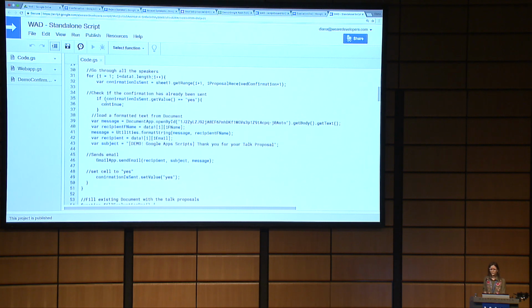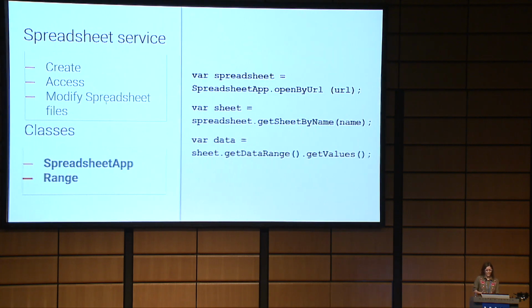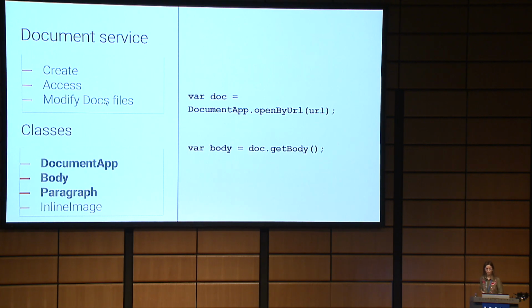So if the confirmation is not sent yet, the message will be created. For this, I use the document service, and this enables me to create, access, and modify the document files. It has classes such as document app, body, and paragraph. On the right side, you see how I work with these classes and what methods are there.